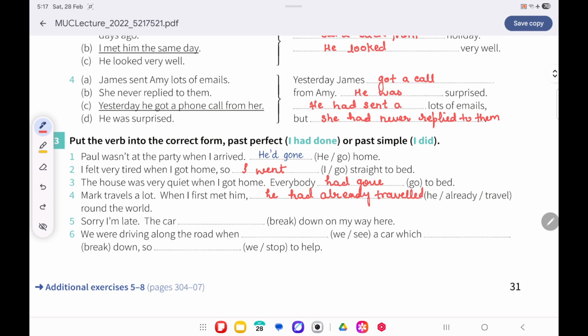Sorry, I'm late. The car broke down on my way here. We were driving along the road when we saw a car which had broken down, so we stopped to help.